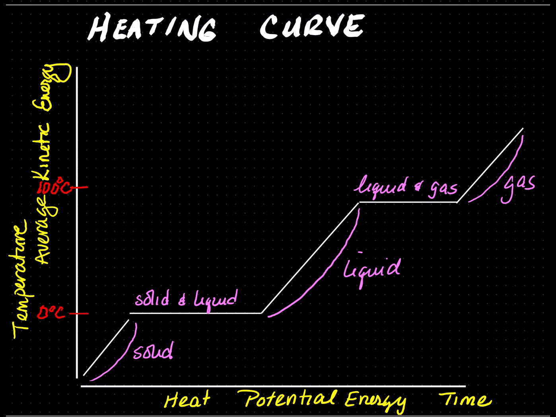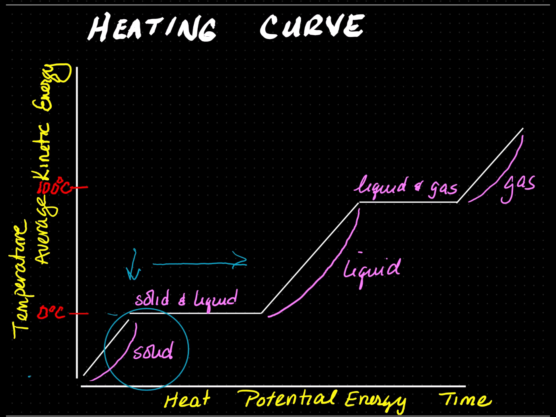So for water, anything below 0 degrees Celsius is a solid state. So right here is all solid. Once we reach the freezing point, which is at 0 degrees Celsius, you will have both solid and liquid. At the start, it will be all solid. As we go towards the right, heat and potential energy is being added.